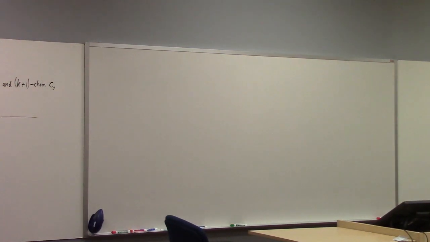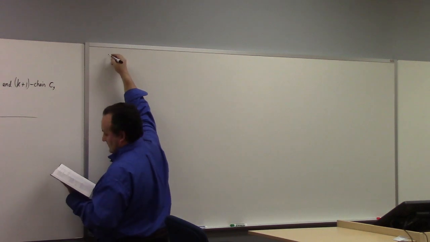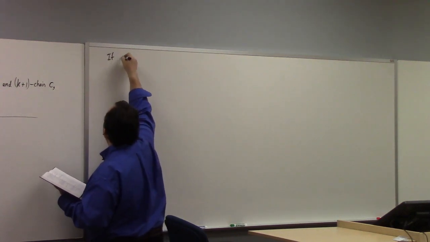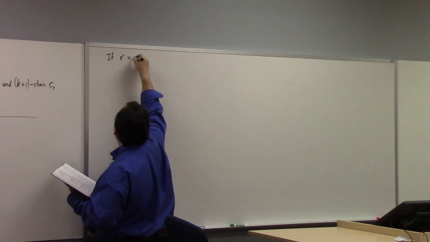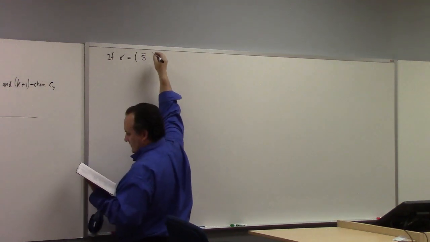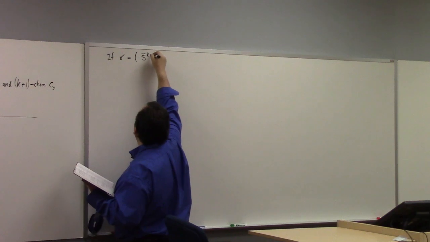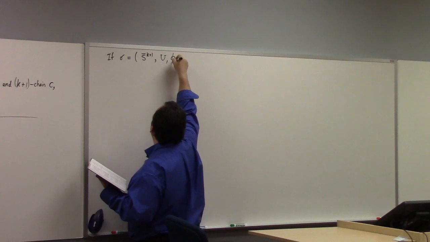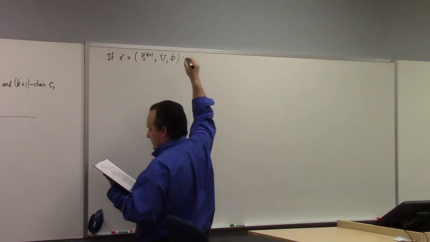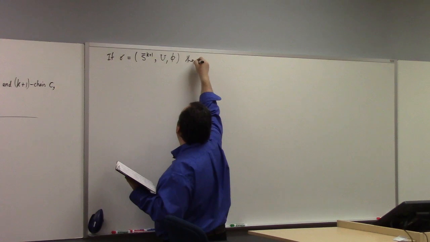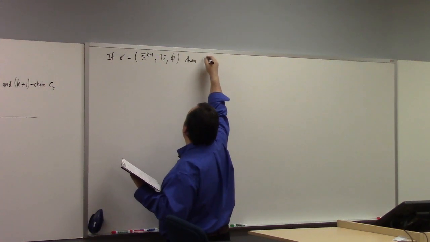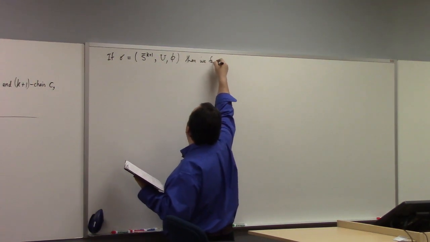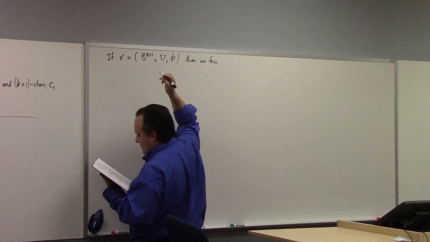So he says this is equivalent to, he says if sigma is equal to S bar k plus 1 under phi, then, he's saying this is the calculation that we have to do.